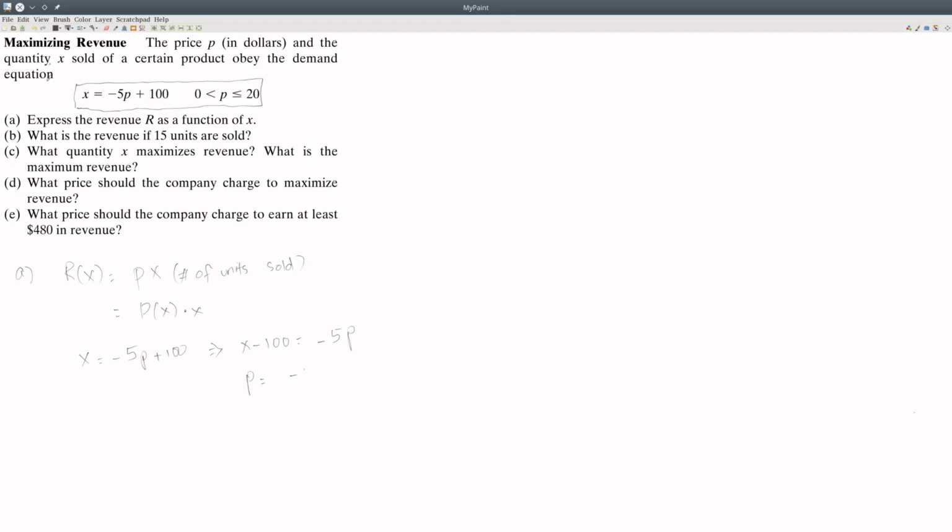P would be minus 1 over 5 times x, minus 100 over minus 5, which would mean p of x would be minus x over 5 plus 20. So that is our price function.